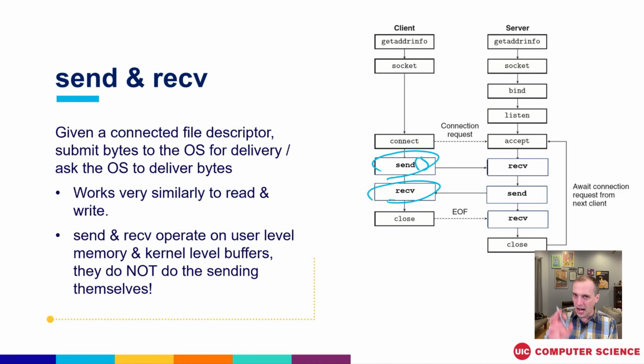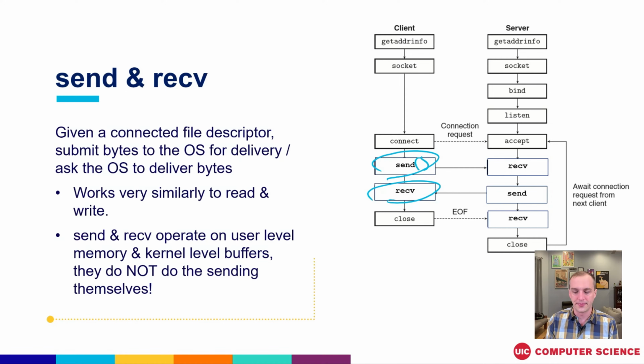All it means is that the operating system has received those messages from you and will do its best to reliably send them to the other side. We cannot stress this enough. Send and receive do not do the sending and receiving themselves. They only allow you to ask the operating system to give you what it has received or take things and send them eventually.